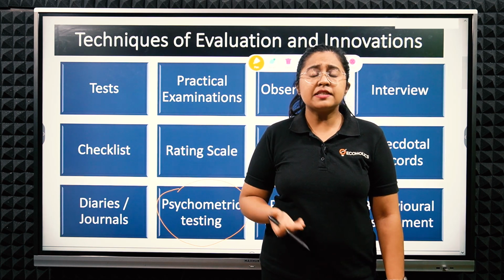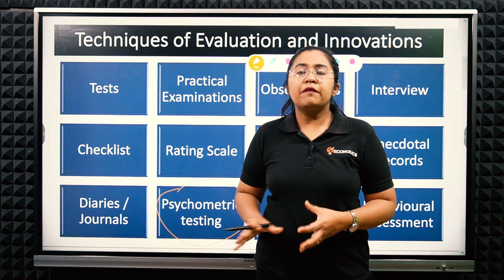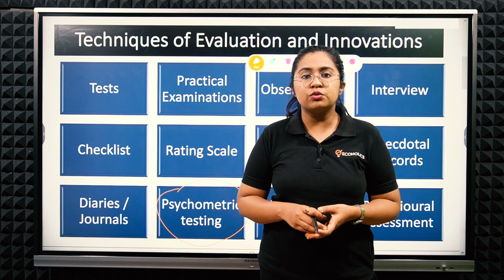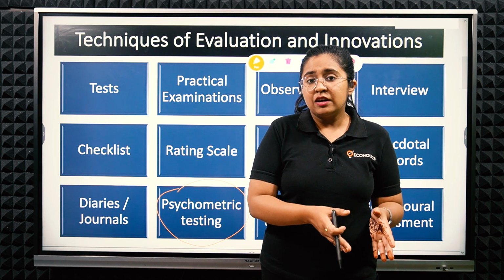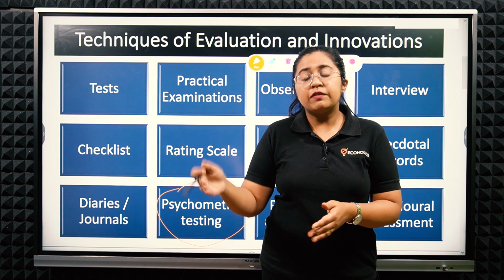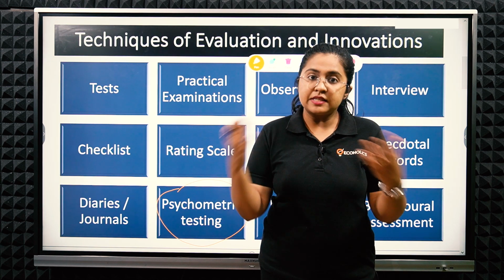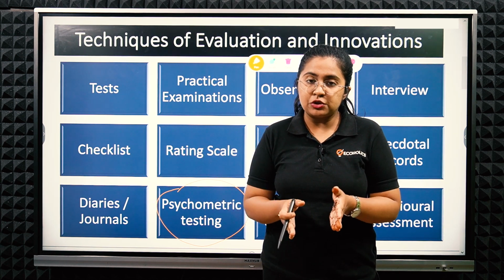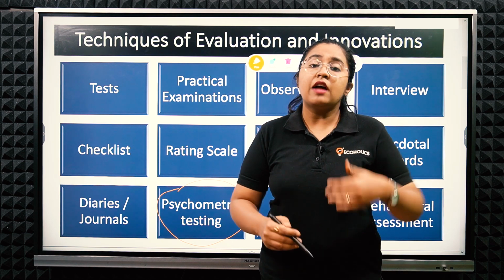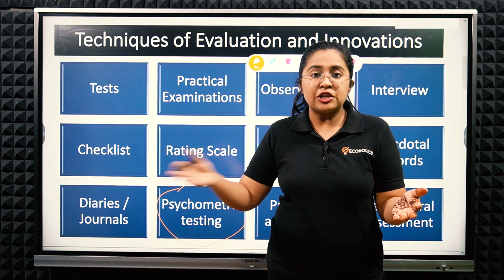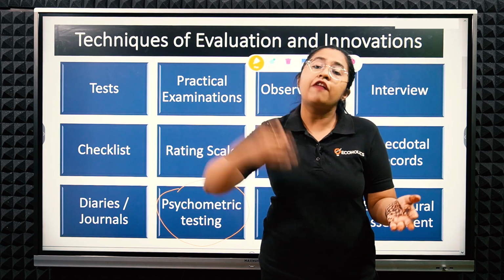It's a very good test, and normally psychometric tests are given to students of 10th standard, so that whatever subjects they want to take forward in the 11th and 12th, they can decide on the basis of that psychometric test. Many times they are given after 12th standard, so that again a major career change happens after 12th standard, after graduation.